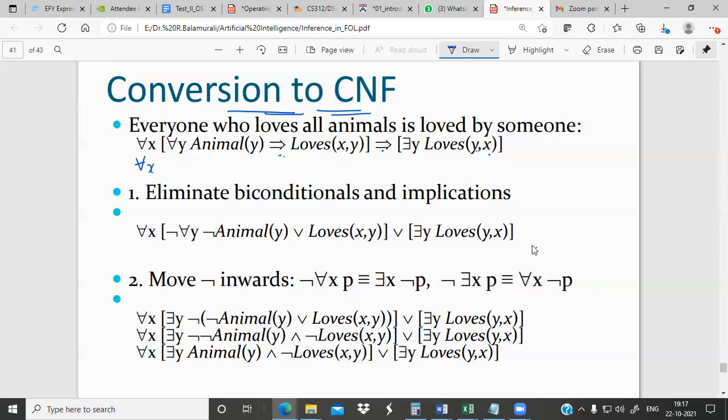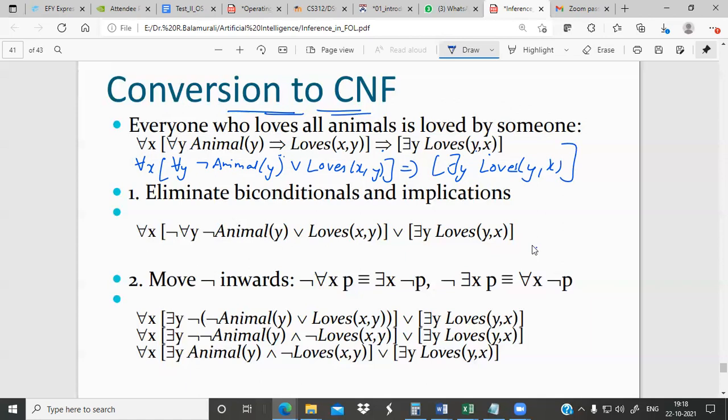You get for all x, for all y, not animal of y, or loves of x comma y, implies there exists a y such that y loves x. We have removed this inner implication.